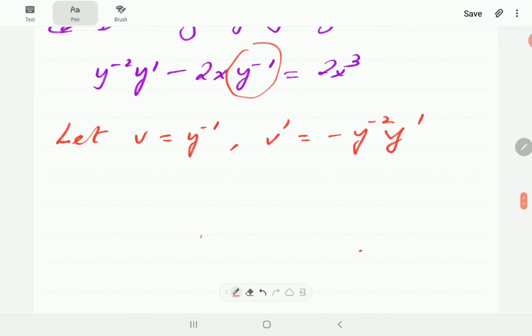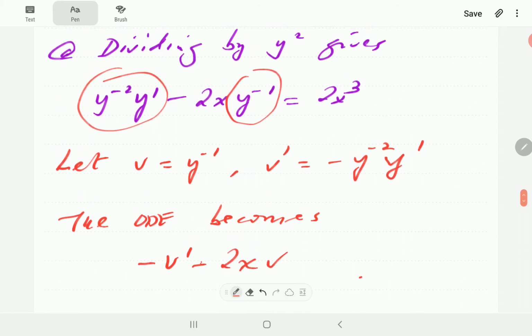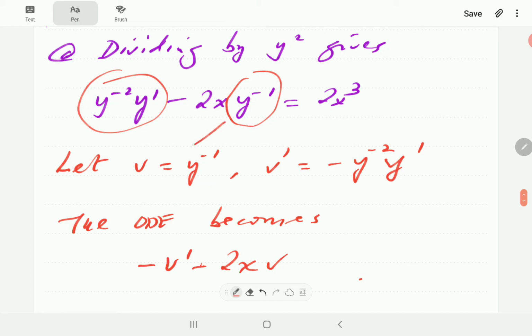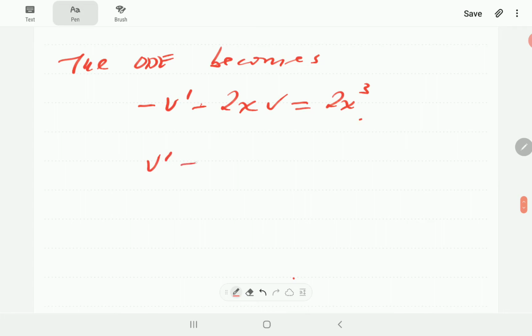This means y to the minus 2 y prime is negative v prime, and the ODE becomes negative v prime minus 2x v, y to the minus 1 is v, is equal to 2x cubed. Okay, so v prime plus 2xv is negative 2x cubed. This is now linear, okay?